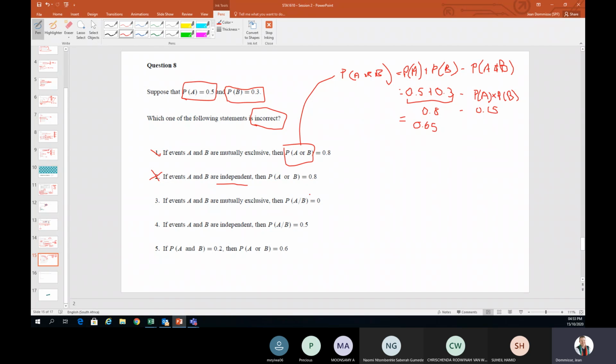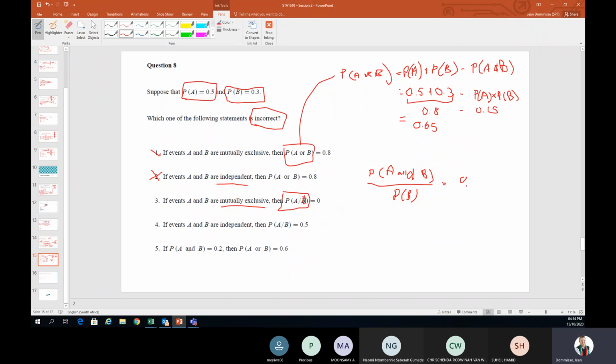So when I see this, how I normally remember to write it is it's A given B, but the formula is probability of A and B. So I remember it as probability of A and B divided by the probability of the last one, so divided by probability of B. So if it is mutually exclusive, A and B will be 0.